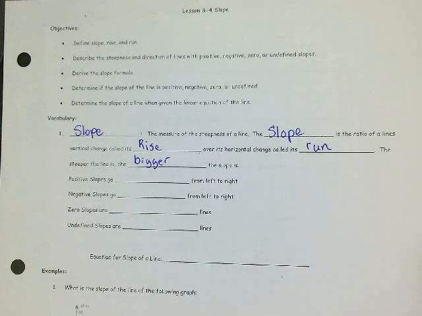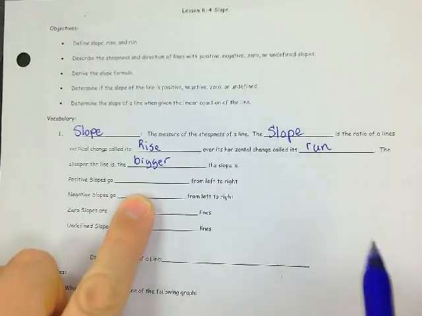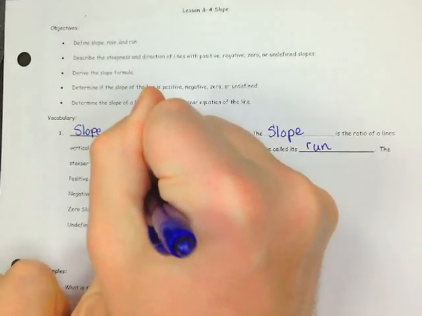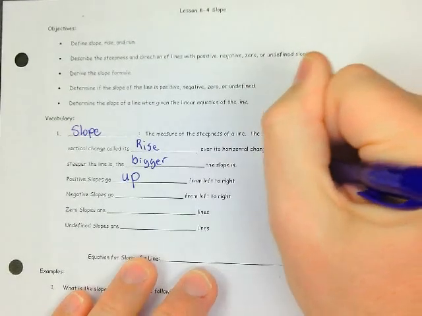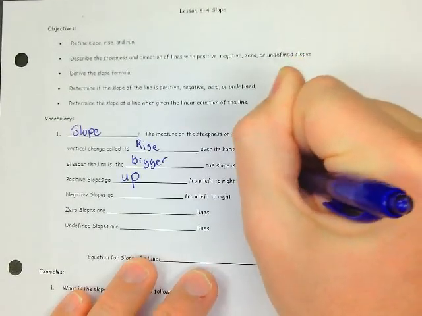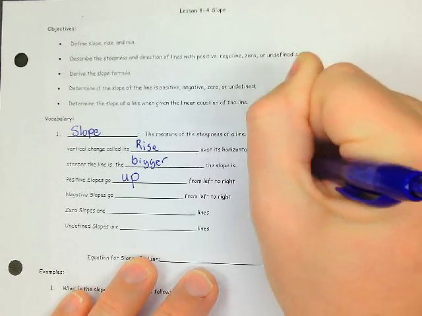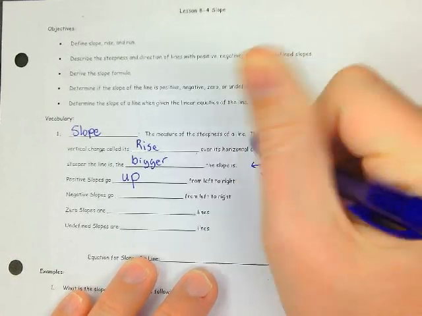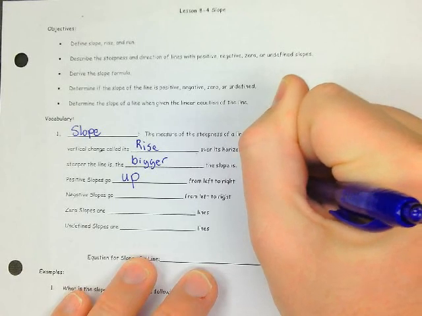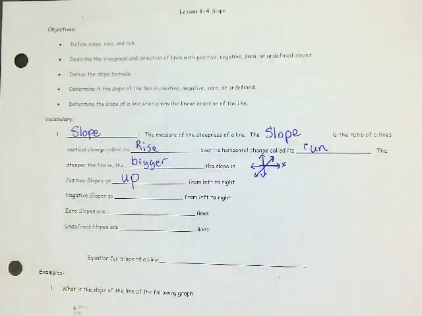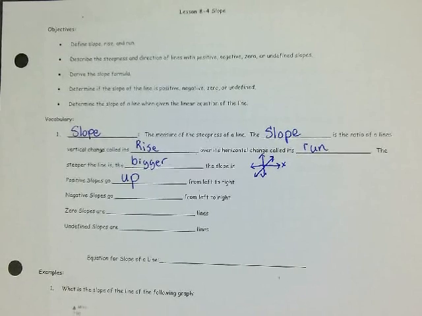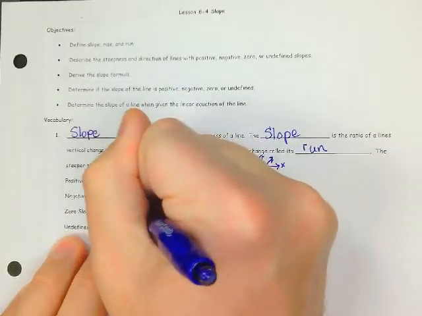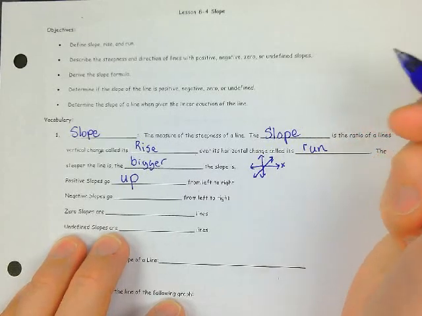So, positive slopes go up from left to right. If I'm on a graph, there's the X, there's the Y, positive slopes go up from left to right. Negative slopes go which direction, do you think?